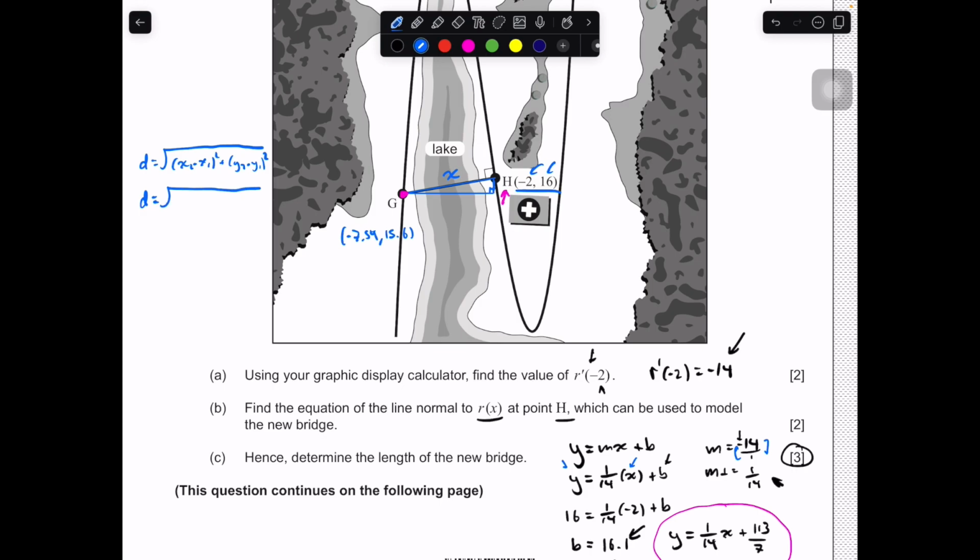Distance is, and then this is us just drawing out the Pythagorean theorem. This is going to be negative 7.54 minus, watch your negatives here, squared, plus, and this is me running out of space, 15.6 up to 16 is actually just going to be 0.4.